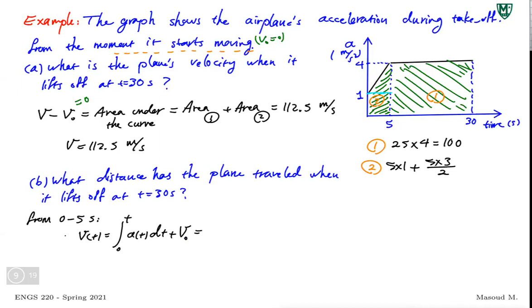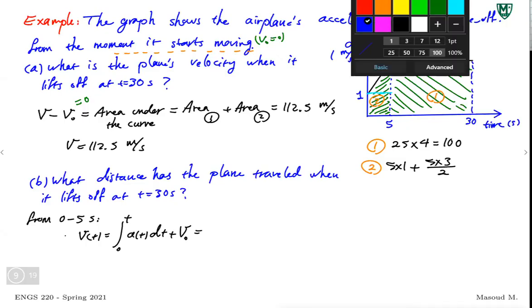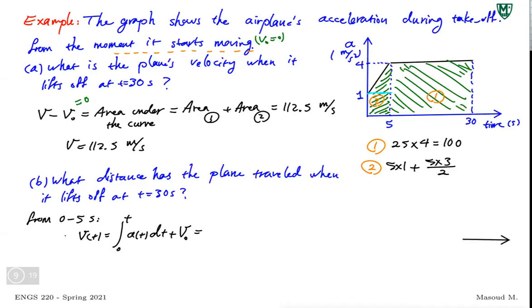How do I find a of t? Acceleration is a function of time, to plug into that equation. Remember, we're talking about 0 to 5 seconds. So at the moment, all we're focused on is this part. This is time, this is acceleration, and then you have a line like this.